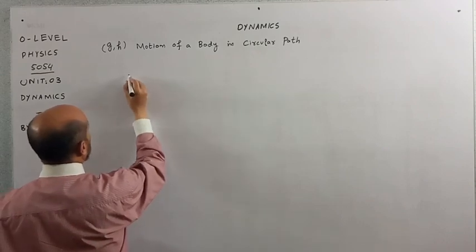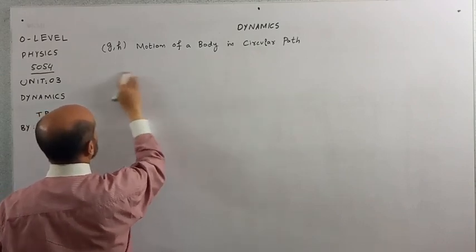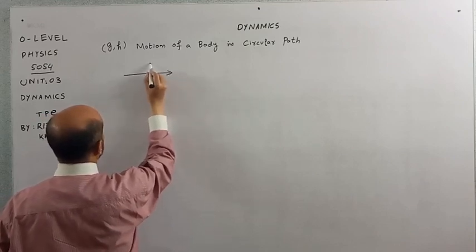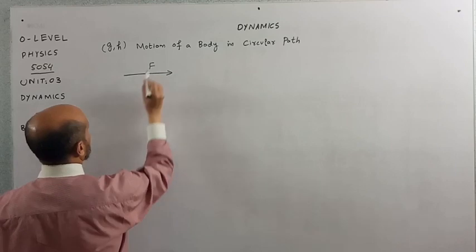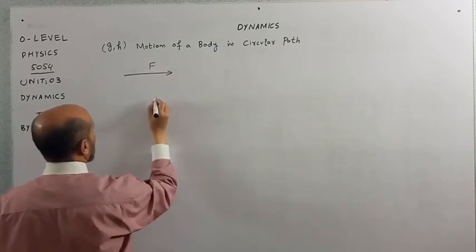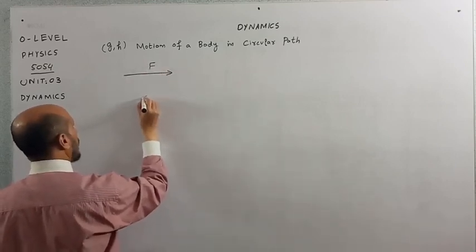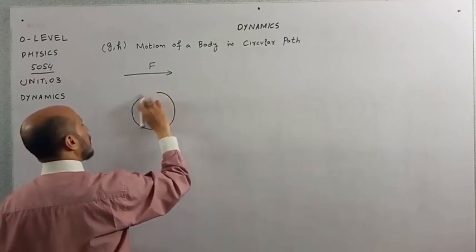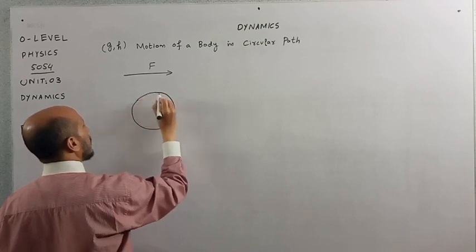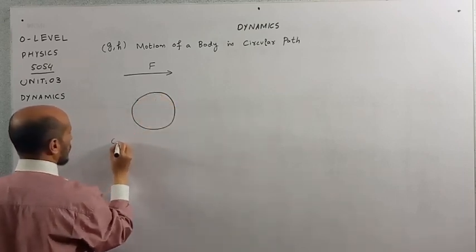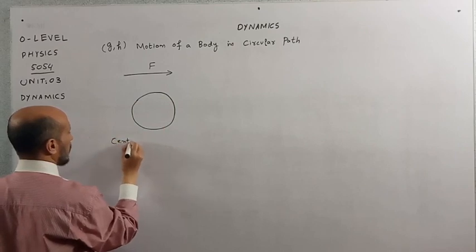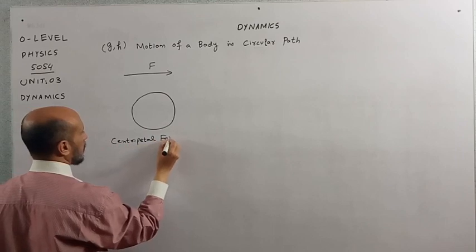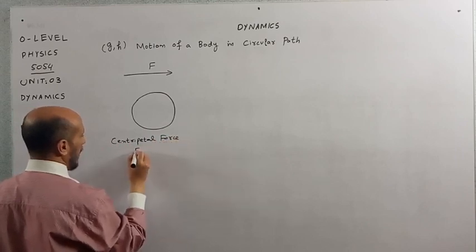If a body is moving in a straight line, then the force acting on the body is simply a force. If a body is moving in a circular path, then that force is called centripetal force, and that is represented by Fc.